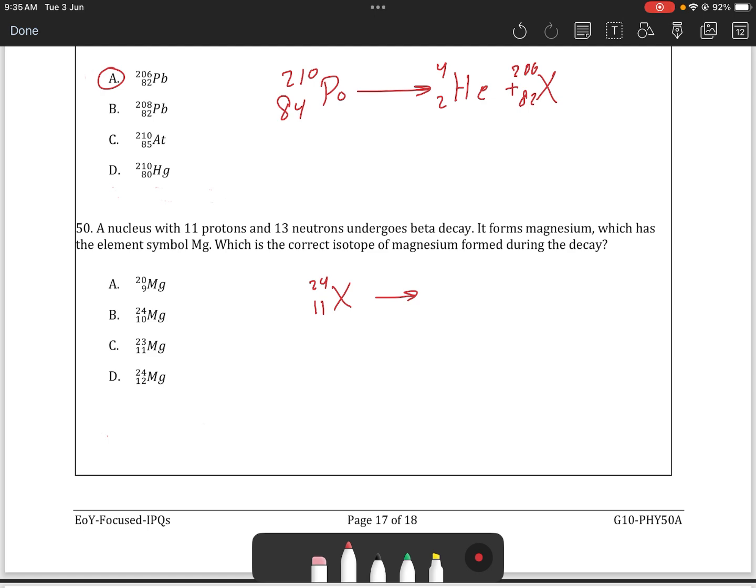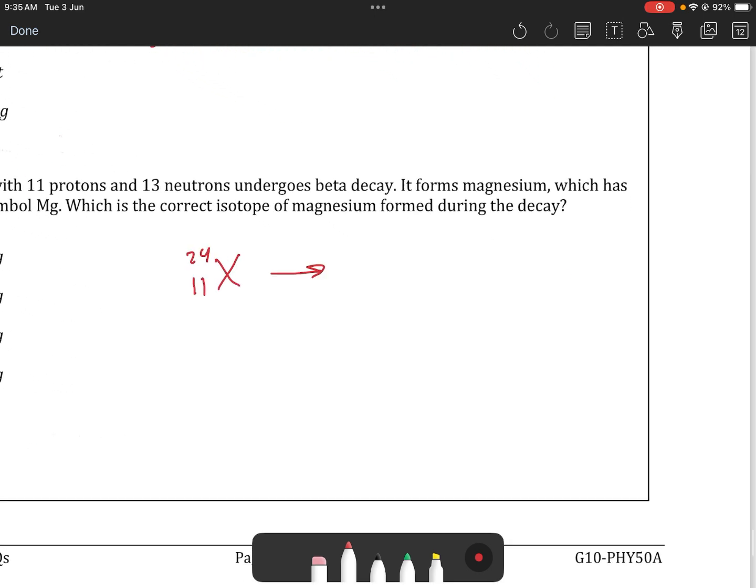What actually happens is one neutron will give us an electron and a proton. This electron will be ejected with high speed, and one neutron is converted into a proton.